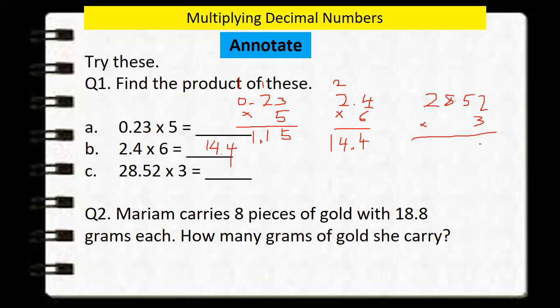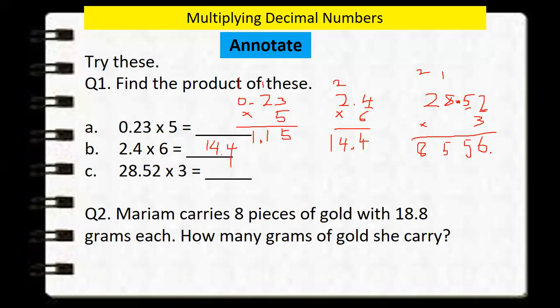So this is 6. 3 times 5, 15. Carry 1. 3 times 8 is 24 plus 1 is 25. Carry 2. 3 times 2 is 6 plus 2 is 8. So we have 1, 2. So there are 2 digits after the decimal point.